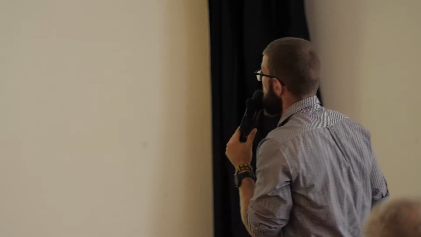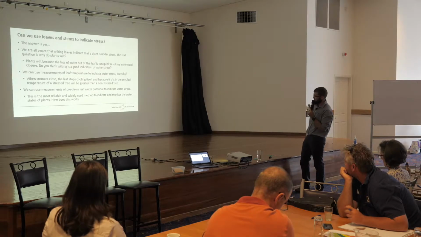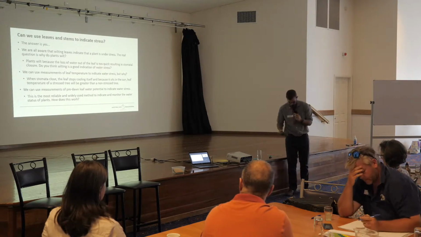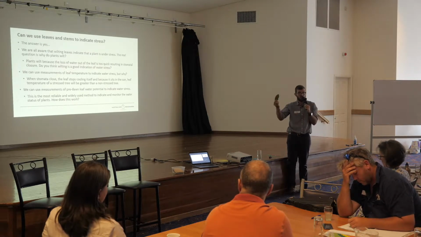Okay. So we can use measurements of leaf temperature as well to give us an indication of if a plant is stressed or not. And that basically comes down to if these valves close at the bottom of the leaf, it's not losing water anymore. And if it's not losing water, it's not cooling off the leaf or the plant anymore. That makes sense though?